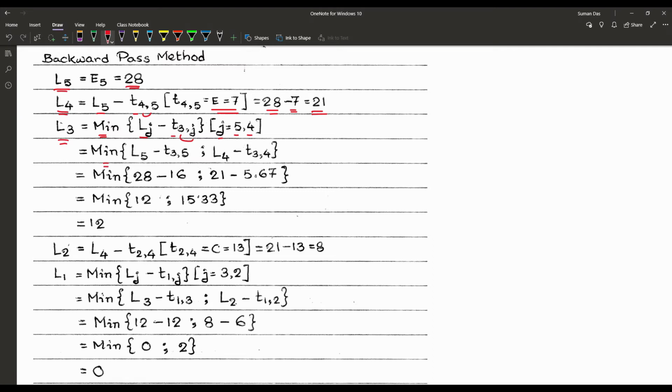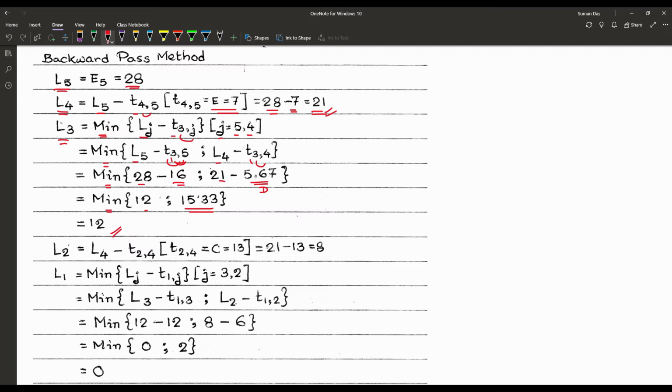So minimum of L5 minus T3 to 5 and L4 minus T3 to 4. Then minimum of 28 minus 16, that is our T3 to 5, and L4 has already been found, that is 21. So that is 21 minus 5.67, that is particularly the activity D. Then minimum of 12 and 15.33, and L3 is 12.